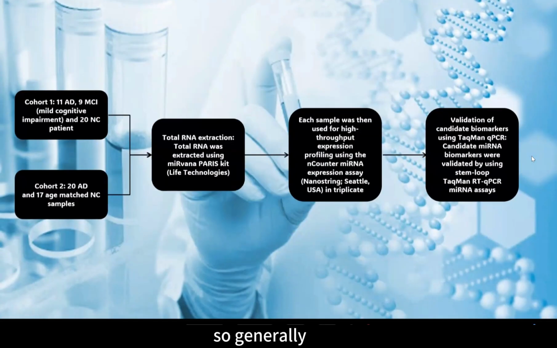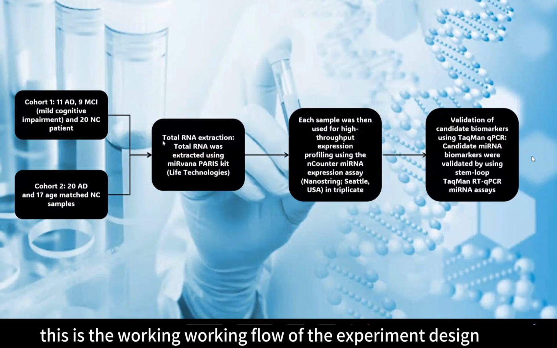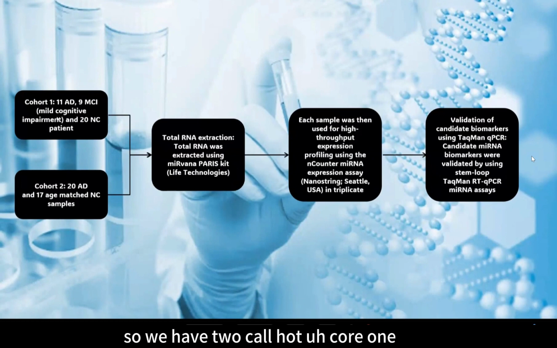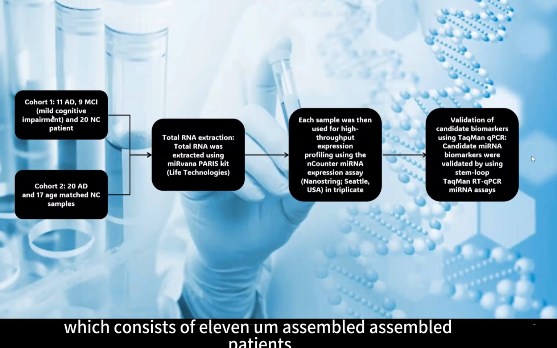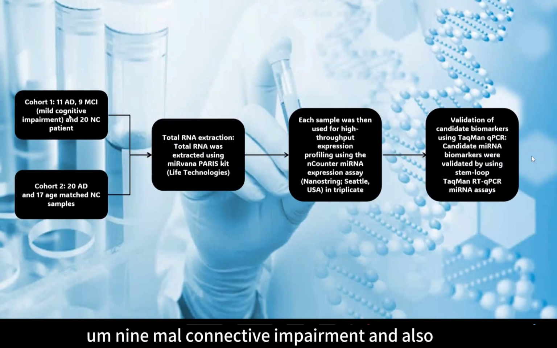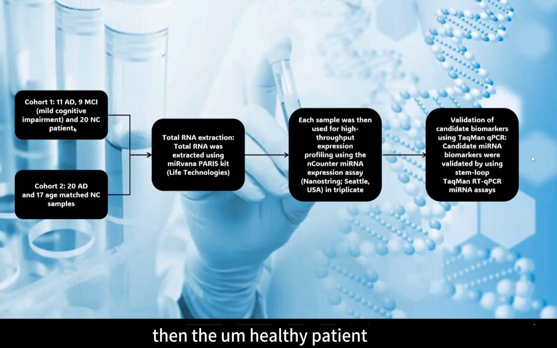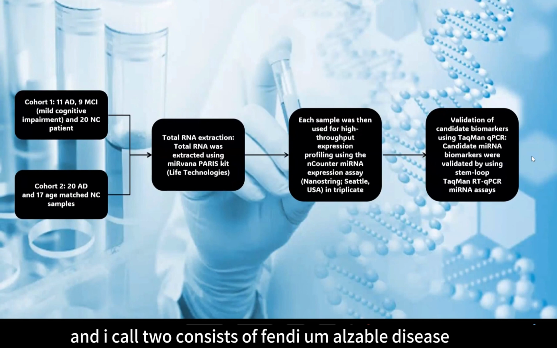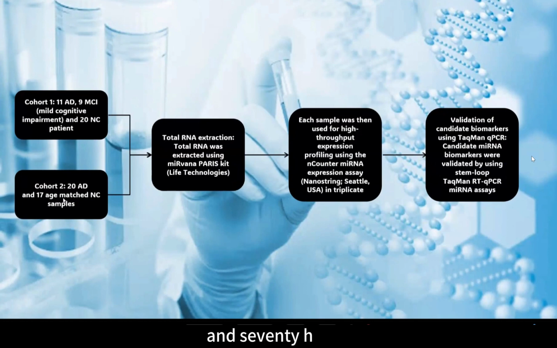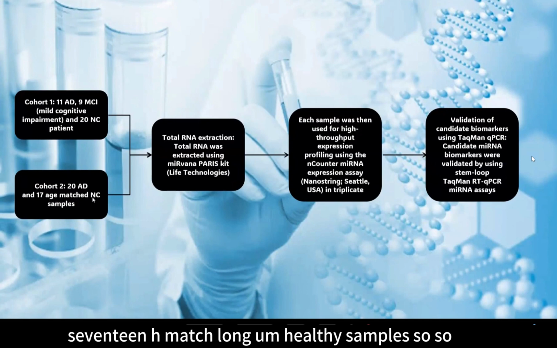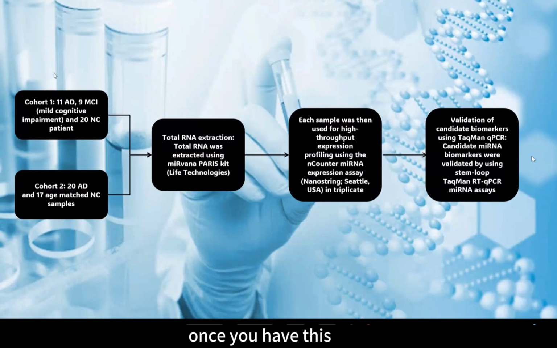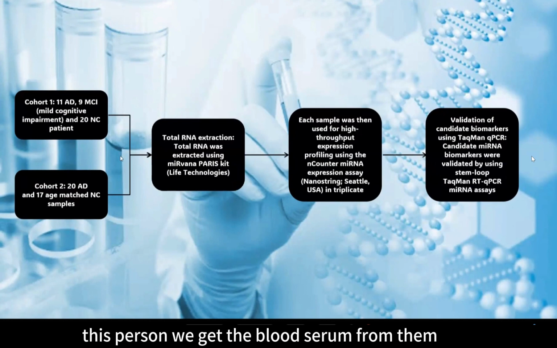Okay, so generally this is the workflow of the experiment design. We have two cohorts. Cohort 1 consists of 11 Alzheimer patients, 9 mild cognitive impairment, and also 20 healthy subjects. Cohort 2 consists of 20 Alzheimer's disease and 17 age-matched non-diseased samples. Once we have these subjects, we get the blood serum from them.